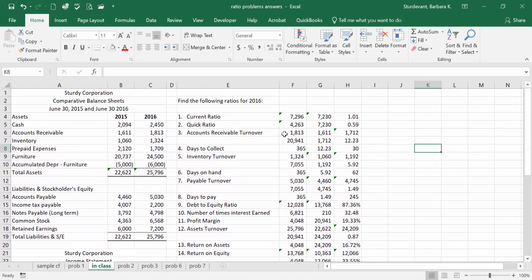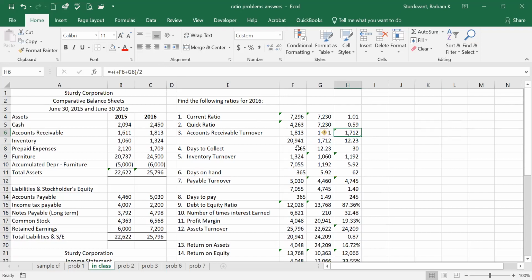And that's what you can see I did right here. Took the accounts receivable for 16 plus the accounts receivable for 15. I added them together and I divided by 2. If you look at my formula right up here, that's my average accounts receivable. That's what's divided into sales.